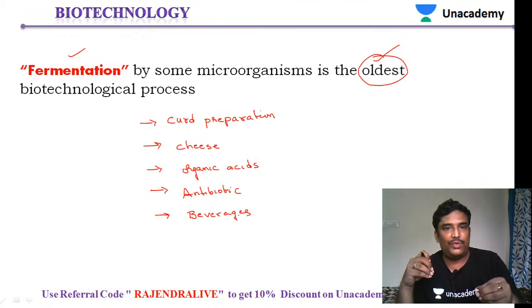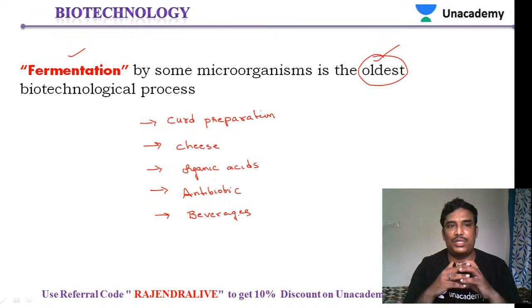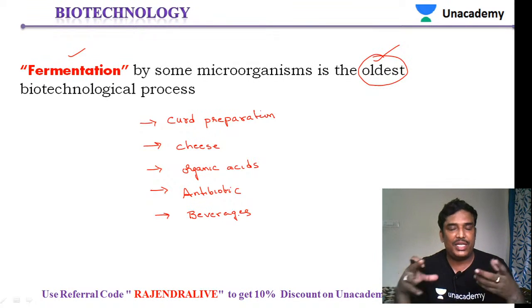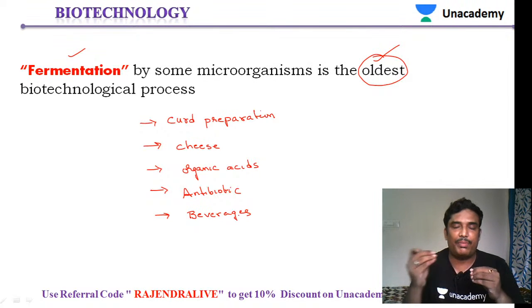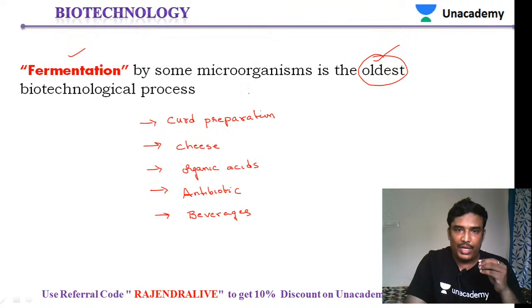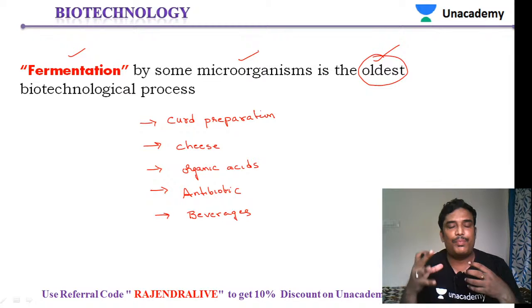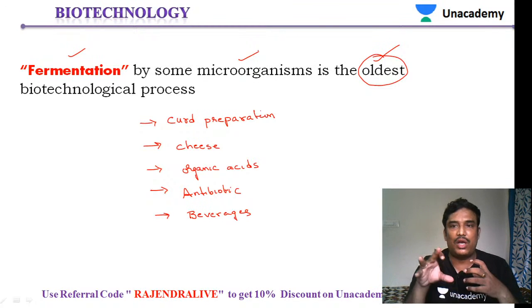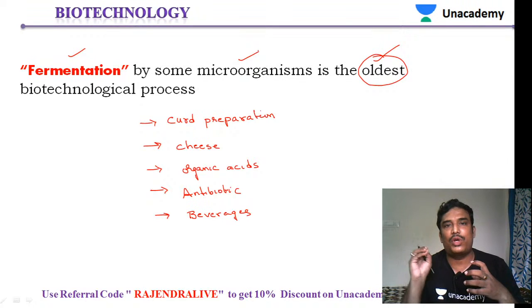We did not know that it is also a biotechnology process. That is the reason it is the oldest. In the preparation of curd, it is a fermentation process, and fermentation takes place with the help of microorganisms. So in olden days biotechnology also took place, by a process called fermentation. That is why fermentation is known as the oldest biotechnology process.